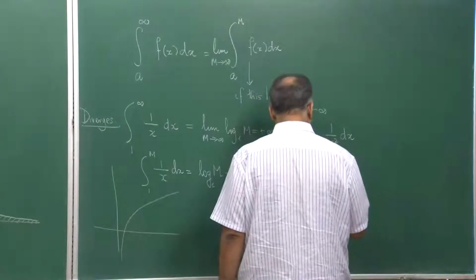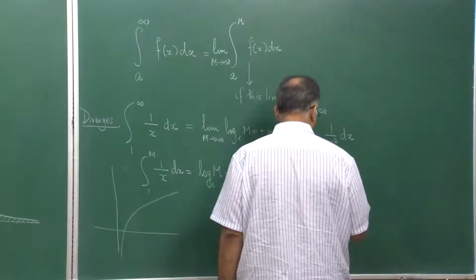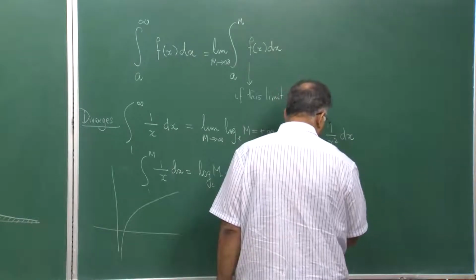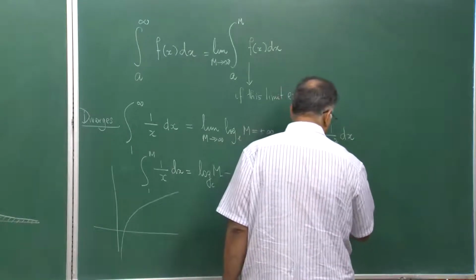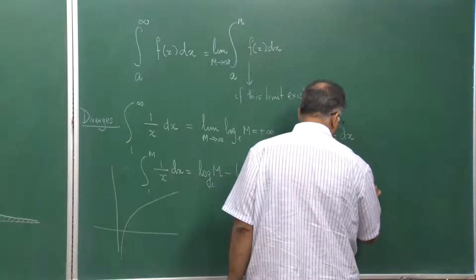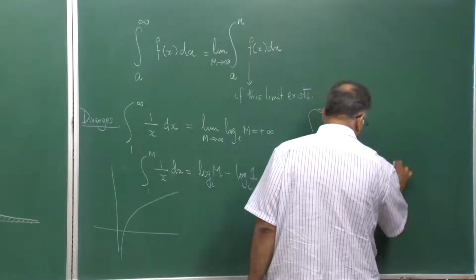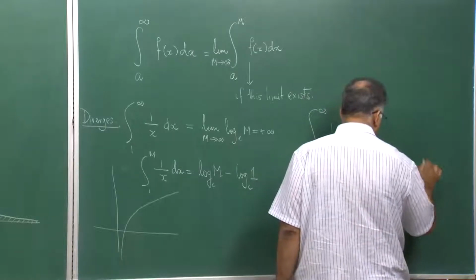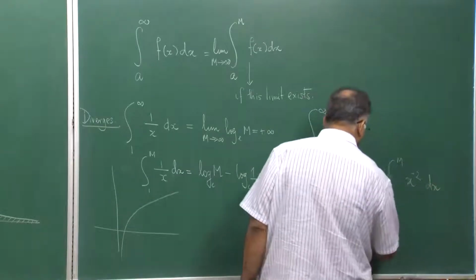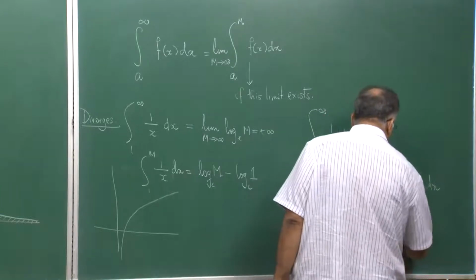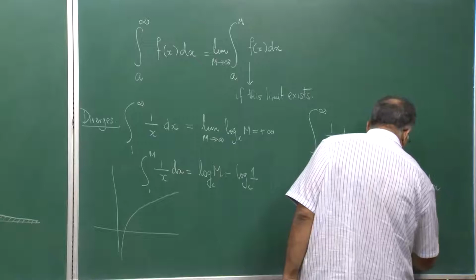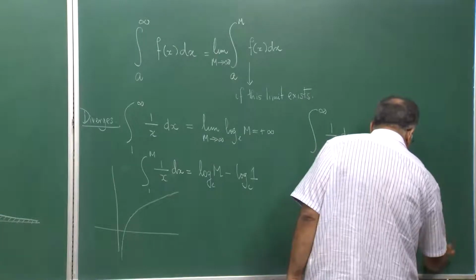Now, what is the issue at hand is the following. So, let me do the same calculation here. So, I take an integral 1 to m 1 by x square dx, which is integral 1 to m x to the power minus 2 dx, which going by our standard formulas is x to the power minus 2 plus 1 over minus 2 plus 1, from 1 to m.